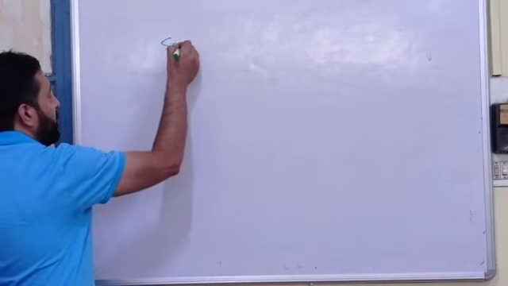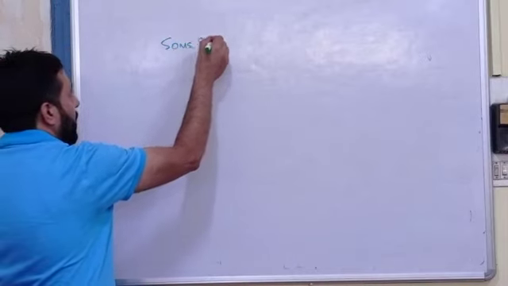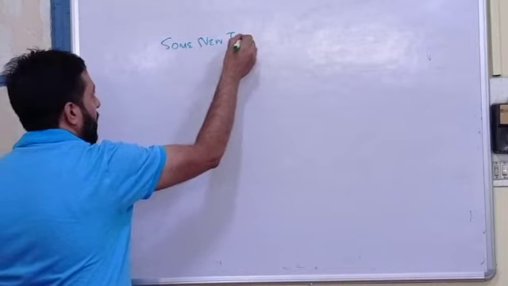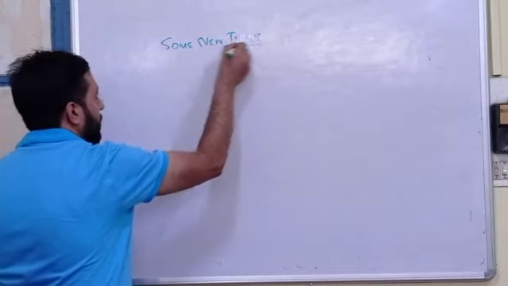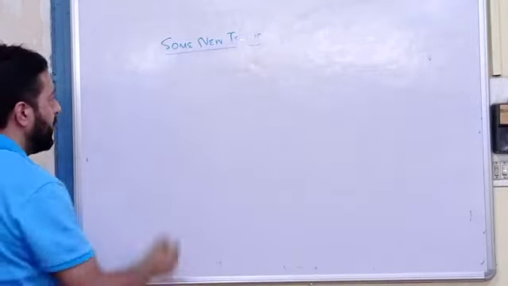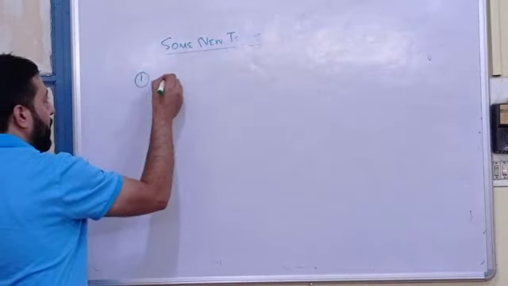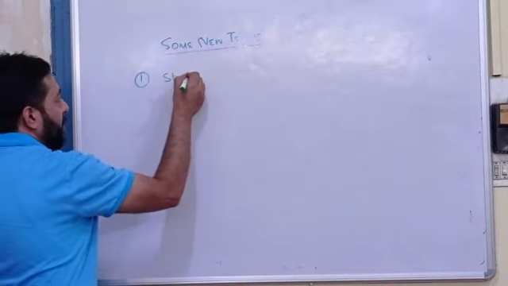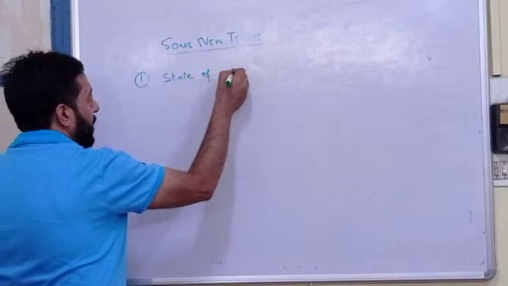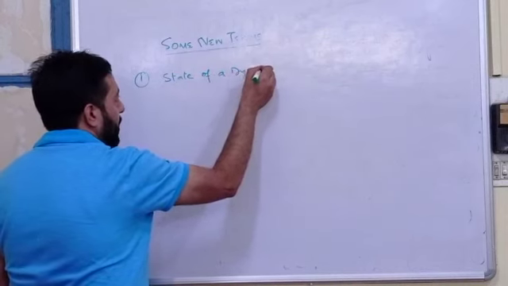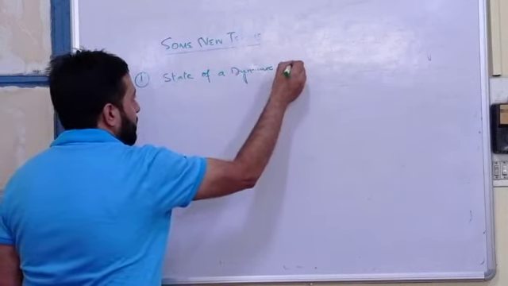So some new terms. First is state of a dynamical system.